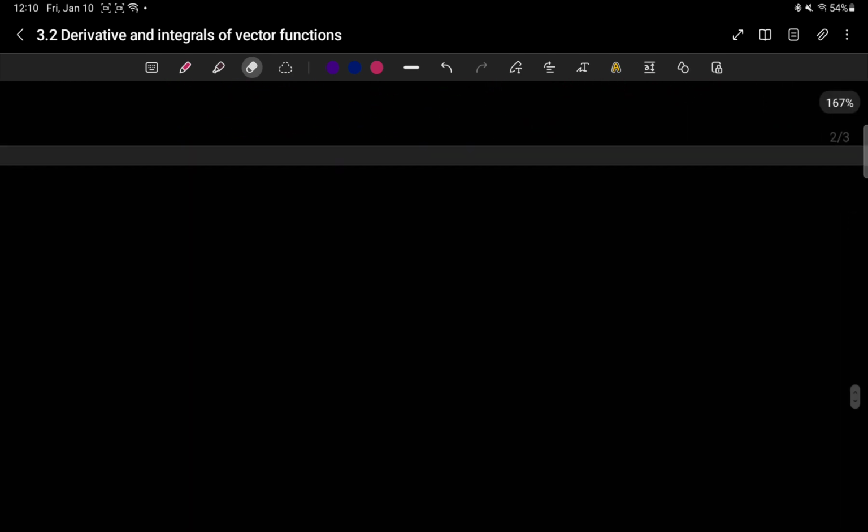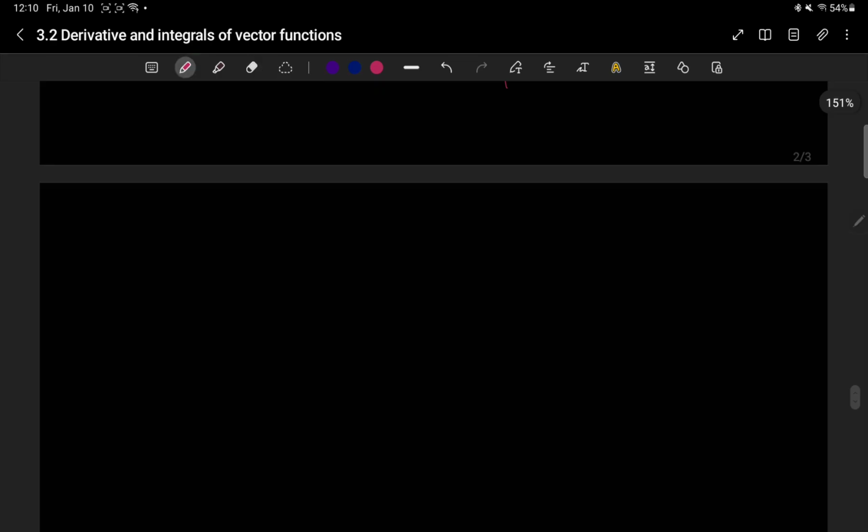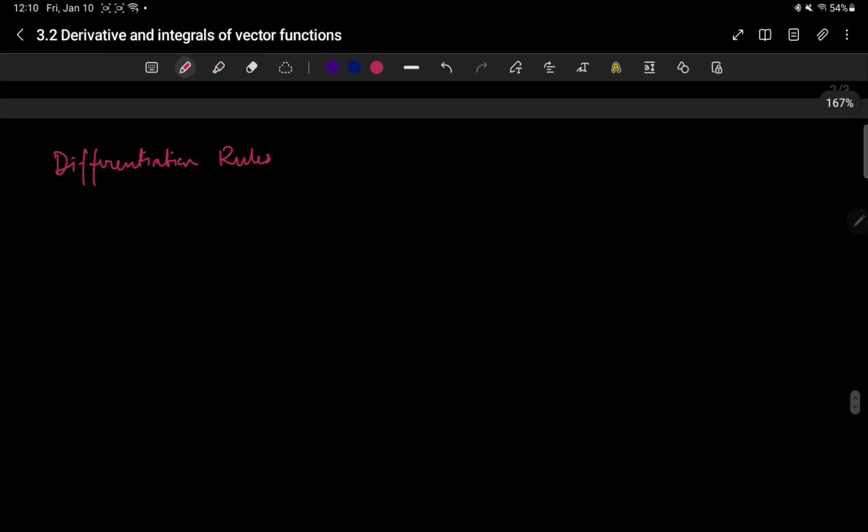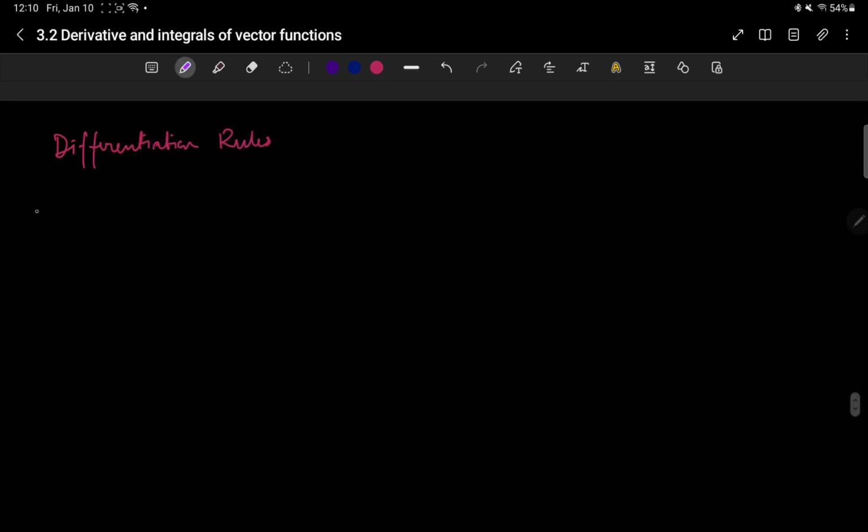Okay, now let's look at some of the differentiation rules. Some of them are pretty straightforward and similar to the ones that you've seen in one dimension. And some of them are not going to be the same, so we'll elaborate on those.